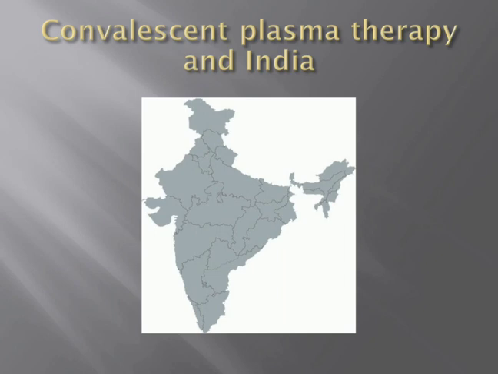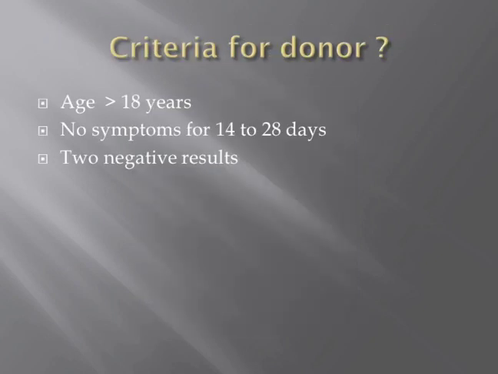What are the conditions according to the ICMR which have to be fulfilled by a donor who donates plasma? The first condition is that the person must have recovered from the disease, and the antibodies in that person should cross the limit specified by the ICMR.